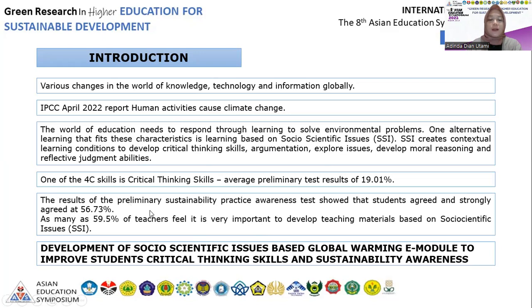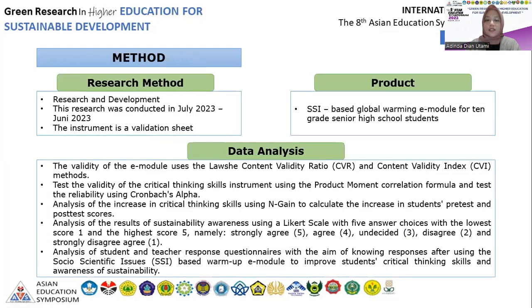The result of the preliminary student sustainability practice awareness shows that students agree and strongly agree at 59.73%, and as many as 59.5% of teachers feel it is very important to develop teaching material based on socio-scientific issues, and the development of a socio-scientific issue-based global warming module to improve student critical thinking skill and sustainability awareness.